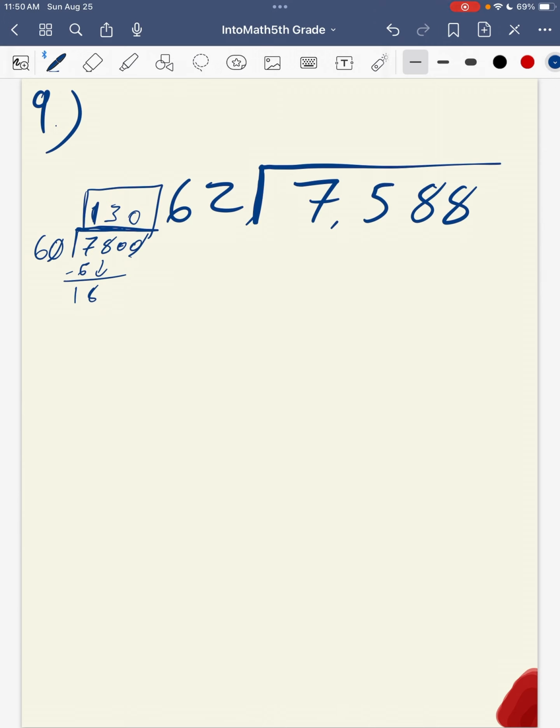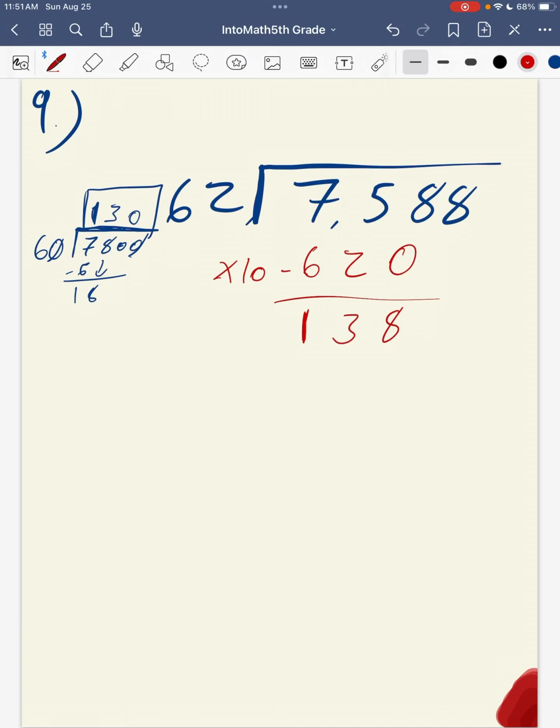Okay? So, think about our multiples of 10. I could do times 10 and subtract out 620. 758 minus 620. Carry down 8 minus 0 is 8. 5 minus 2 is 3. 7 minus 6 is 1. Okay.